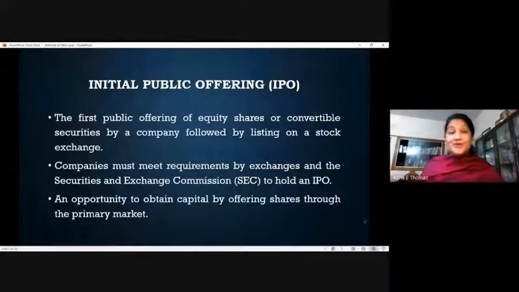Why? Because listing enables investors to trade in the market and provides liquidity to them. They can sell, or maybe buy at a later stage, if there is an active secondary market. That is why it is initially brought to the new issue market.